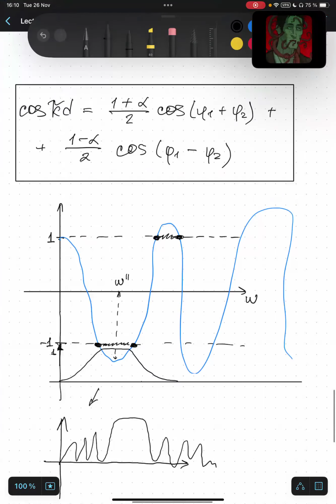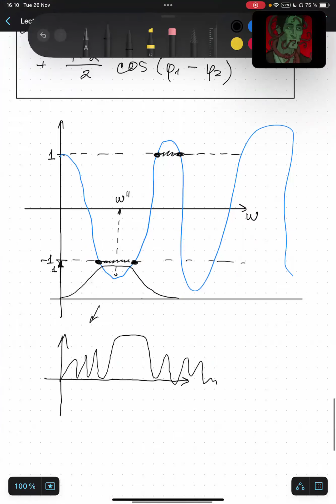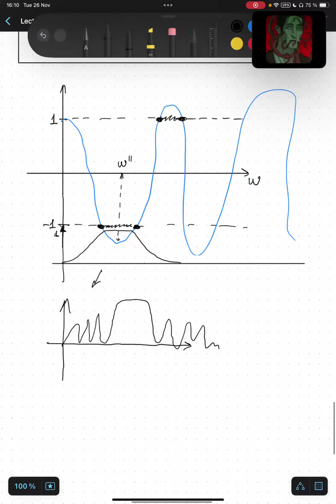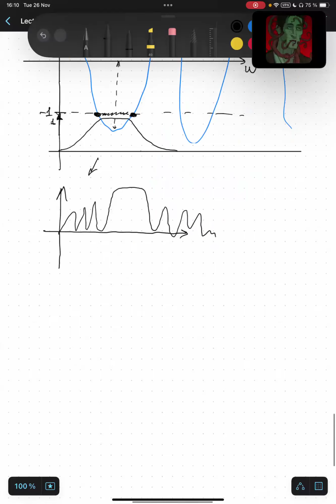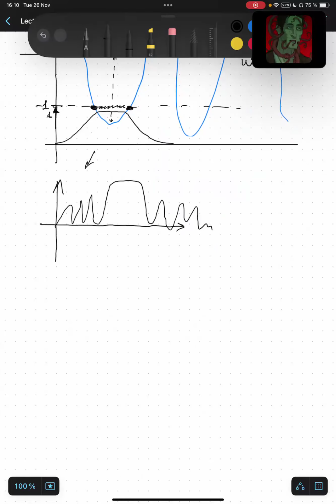So we derived the dispersion equation. Let's try to analyze it somehow. First of all, I should say that it is actually impossible to solve this equation analytically for arbitrary parameters.